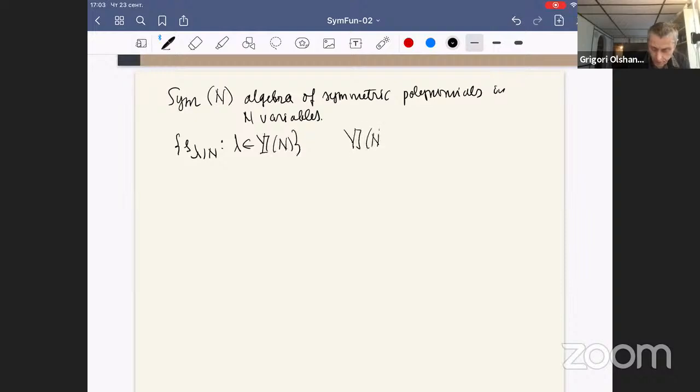This means the set of Young diagrams or partitions of length which is at most n. And the initial definition of this object is the polynomials in n variables. It is a ratio of two determinants.